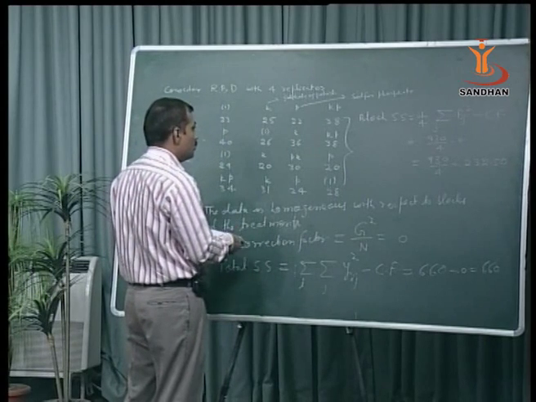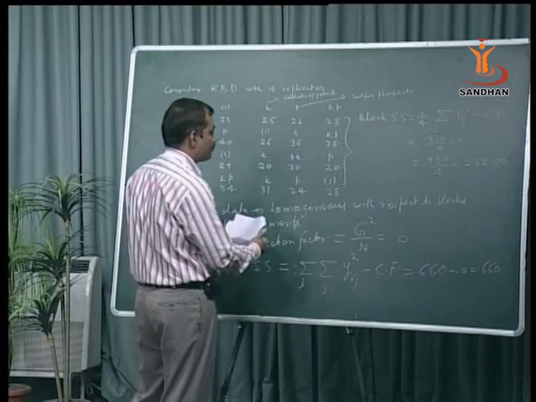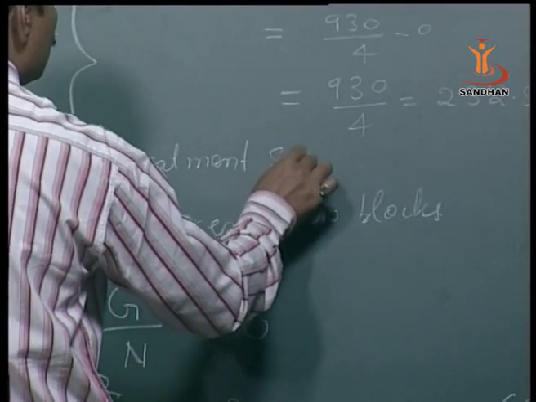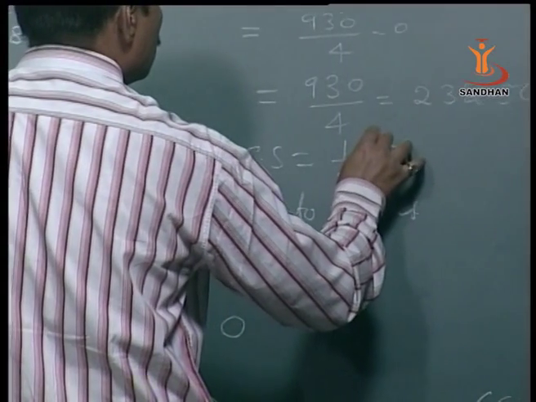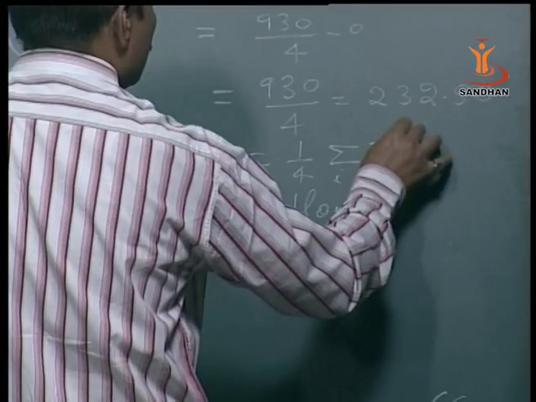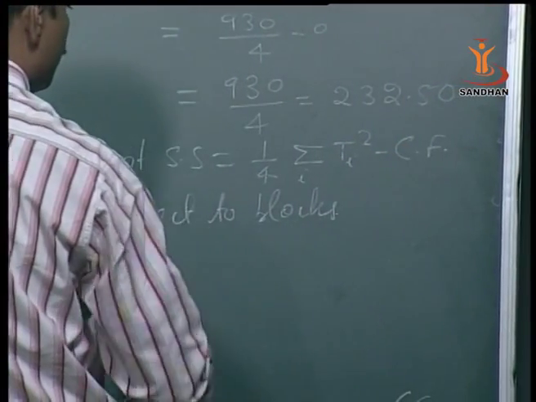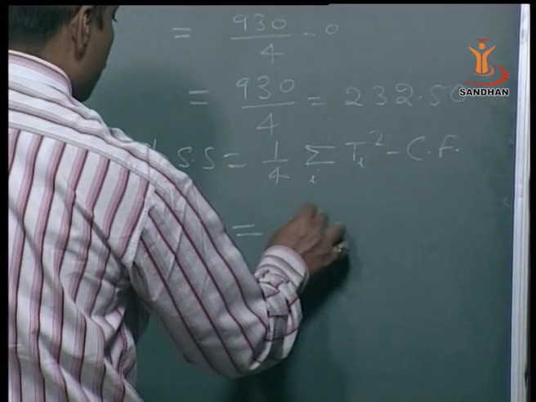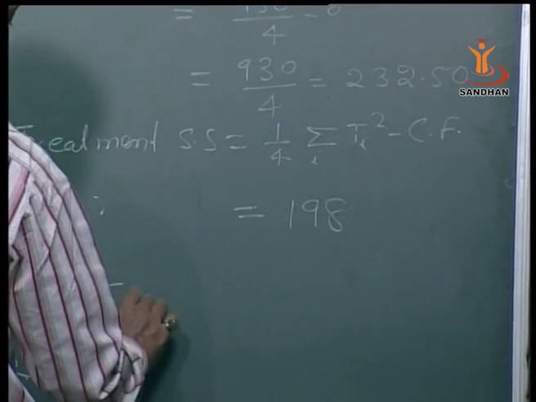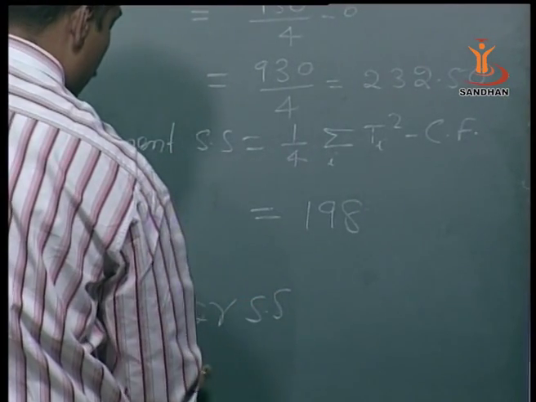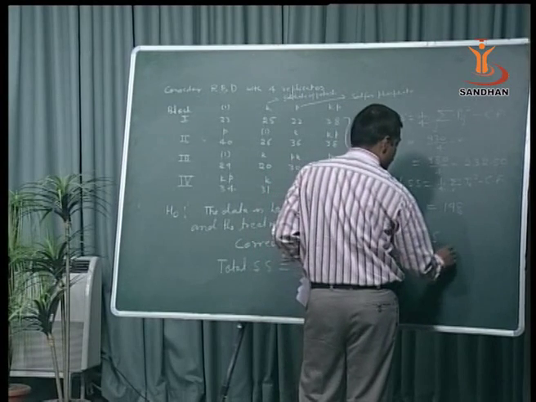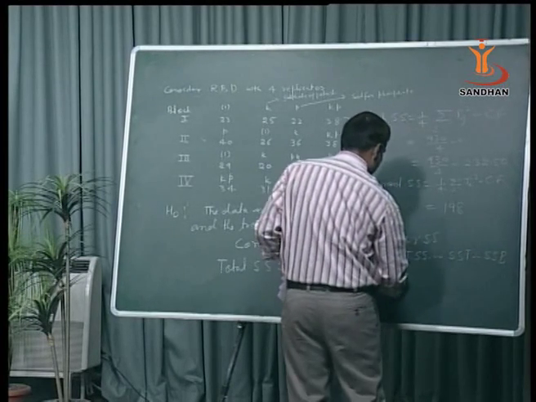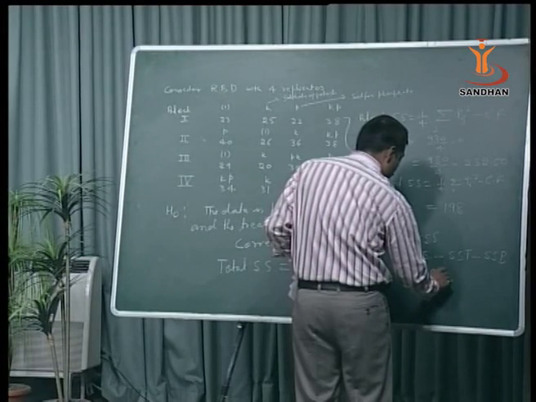And treatment sum of squares is (1 by 4) summation over i of ti square minus CF. It is 198. And error sum of squares is total sum of squares minus treatment sum of squares and sum of squares due to blocks, and that will be 229.50.